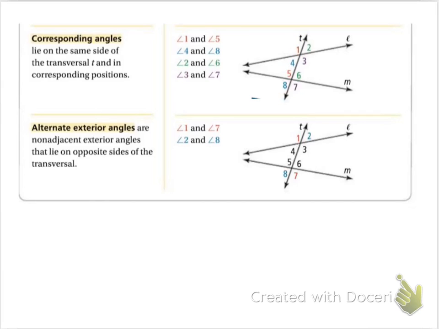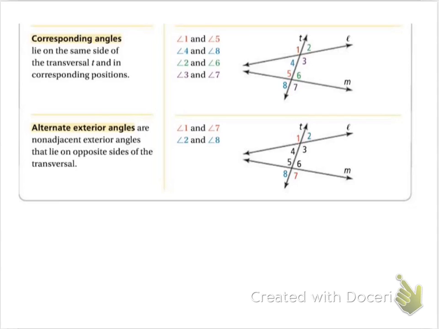Another example of corresponding is 2 and 6. Can you see any other corresponding where they're in the same spot on each of those lines? Well, we have 4 and 8, and 3 and 7. Those are all examples of corresponding angles.